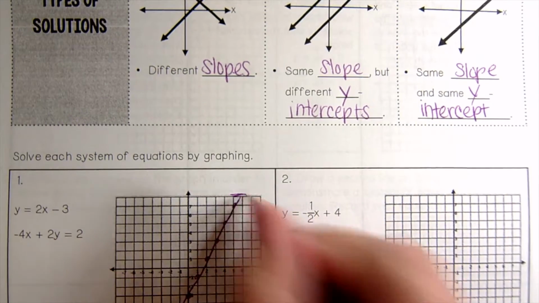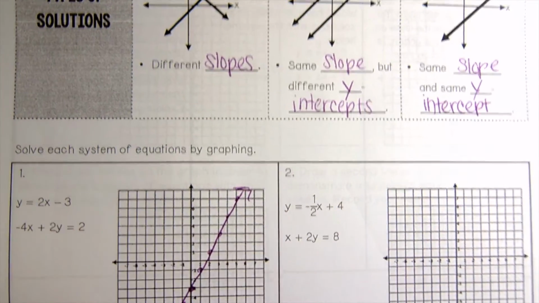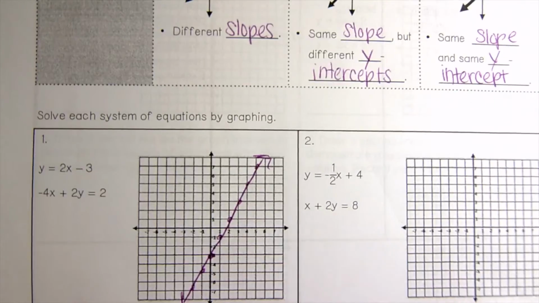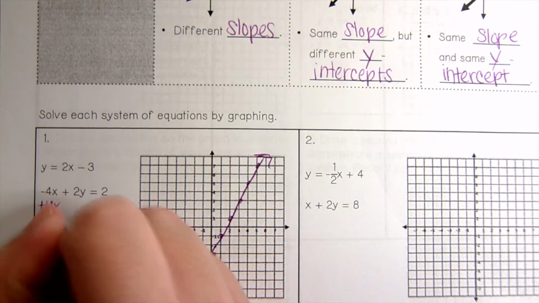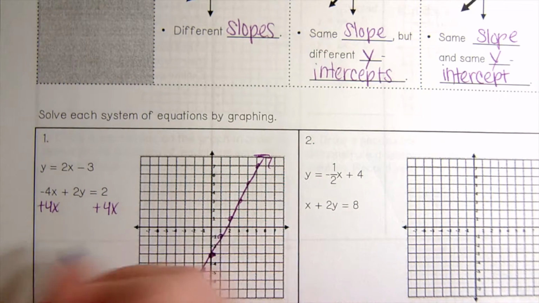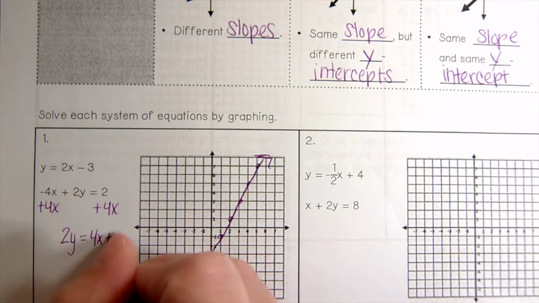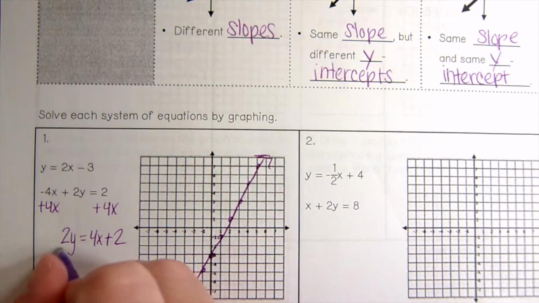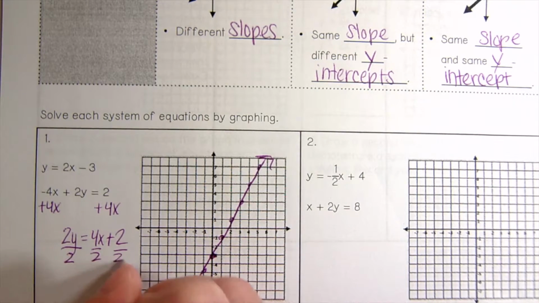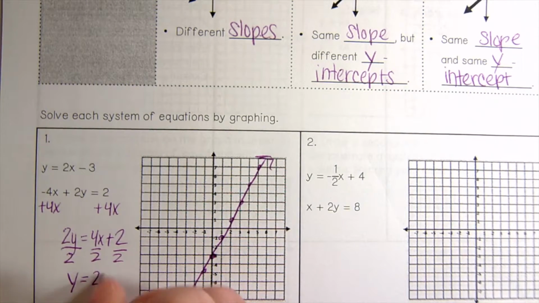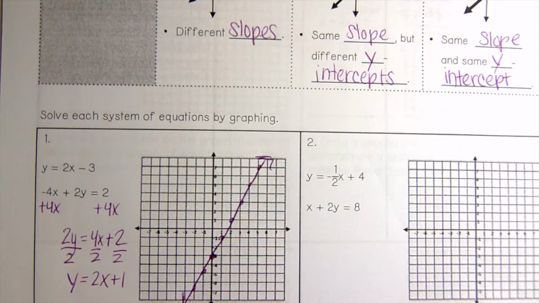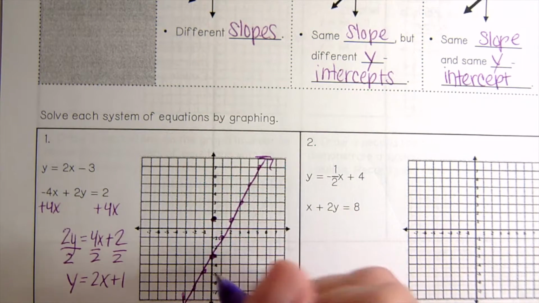No. So I need to do it algebraically. So what do I need to do first? Add 4x to both sides. So 2y equals 4x plus 2, and then what do I do? Divide by 2. So y equals 2x plus 1. What is my intercept? 1. What is my slope? 2.